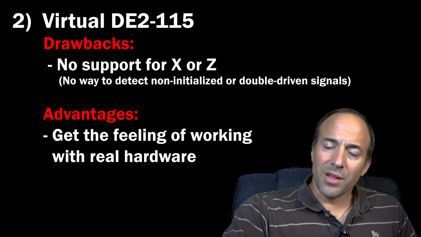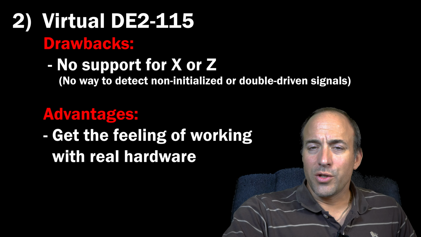The advantage of using the virtual DE2-115 board is that it provides a virtual version of the switches, buttons, LEDs, and 7-segment displays that you would normally be interacting with on the physical DE2 board if we had been teaching the lab-based version of the class.